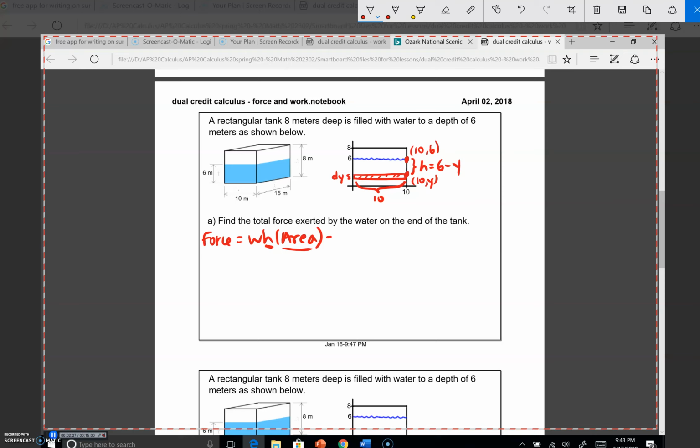So now, I think I'm ready to substitute. Now, the weight density of water is 9,800. That will always be given. You're not going to have to learn weight densities of different liquids. So the weight density is 9,800. The depth, h, we've just labeled as 6 minus y. And the area of that rectangle is 10 dy.